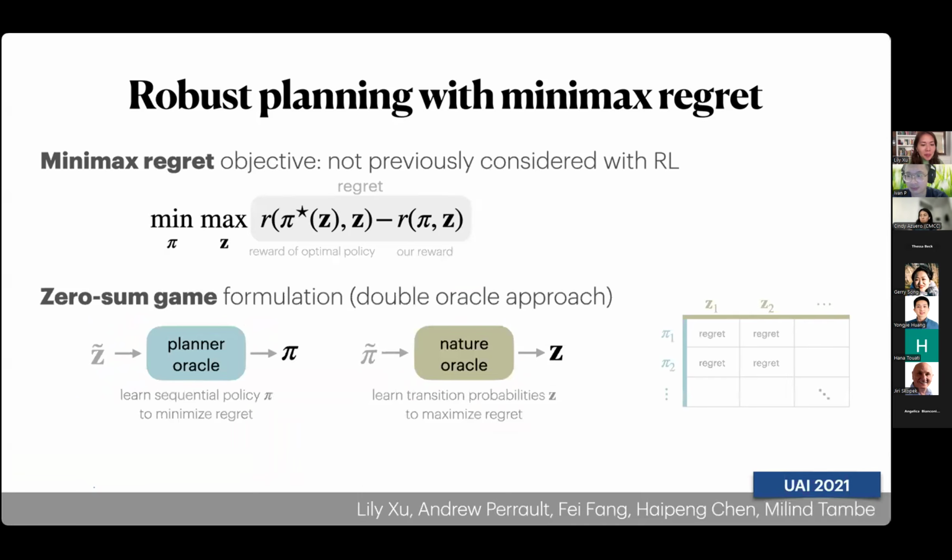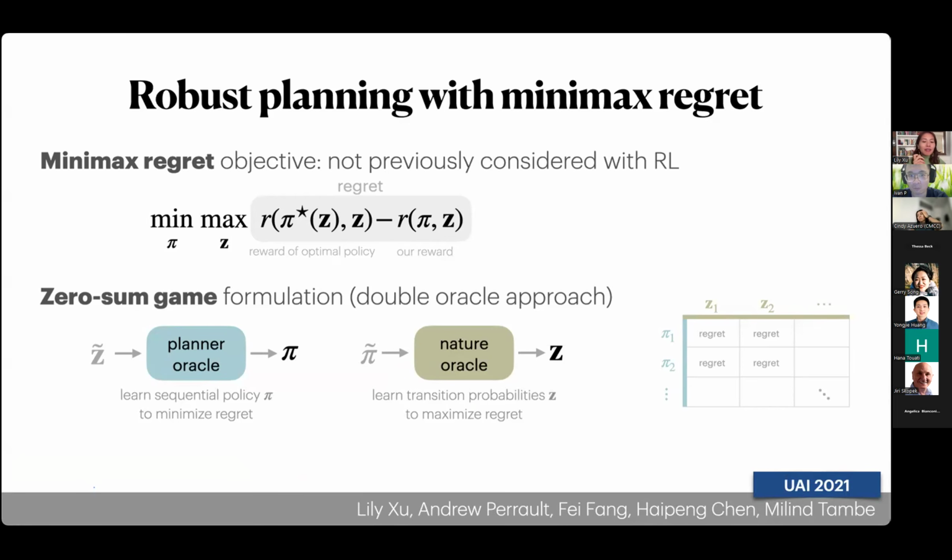Our approach is enabling robust planning with this minimax regret objective by making this objective more tractable. So to more feasibly search within this very large space of uncertainty, we set up this problem as a two-player zero-sum game where there's a planner that's trying to, given some fixed environment setting z, find the optimal policy pi to minimize regret and therefore maximize reward.